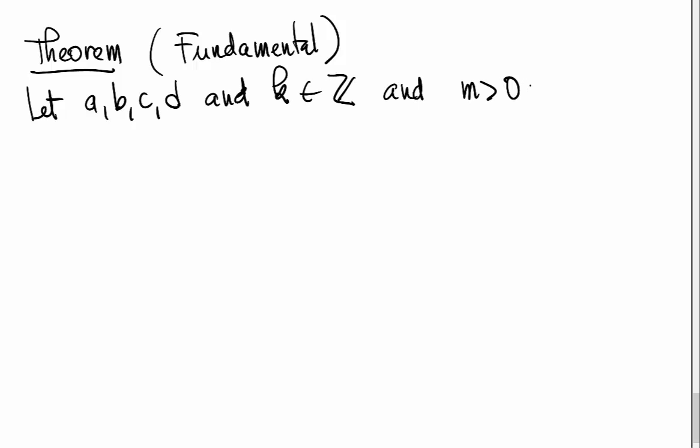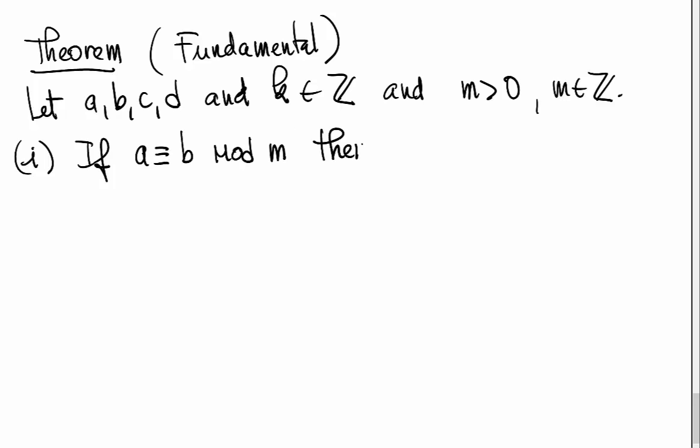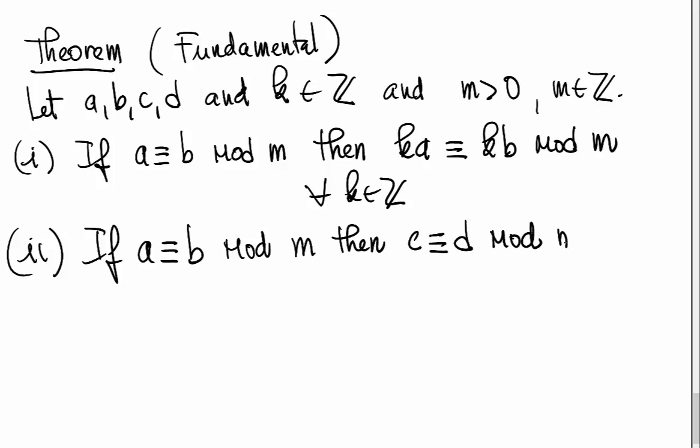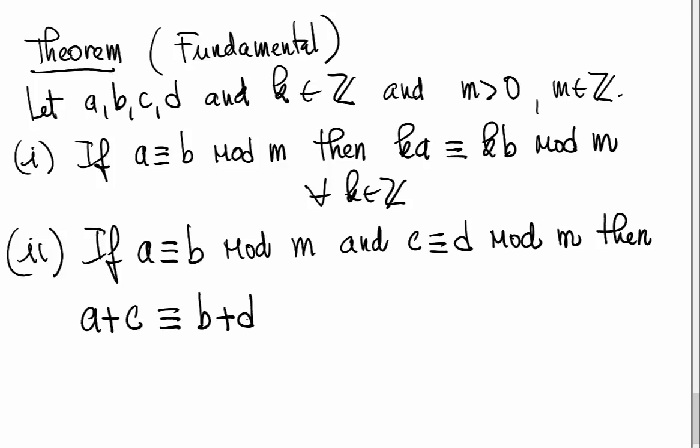Here are some fundamental results. Given a, b, c, d, and k, which are integers, and m a strictly positive integer: if a is congruent to b modulo m, then ka is congruent to kb modulo m. If a is congruent to b modulo m and c is congruent to d modulo m, then a plus c is congruent to b plus d modulo m.